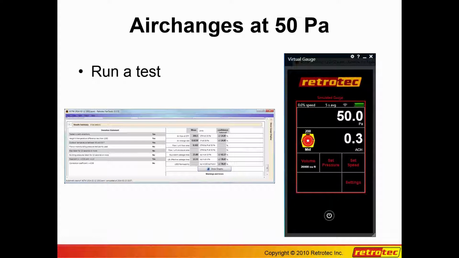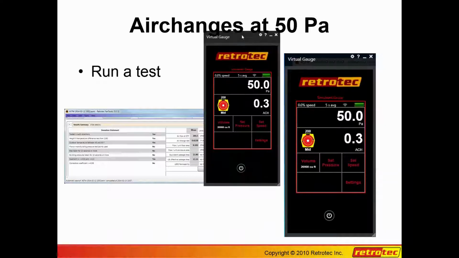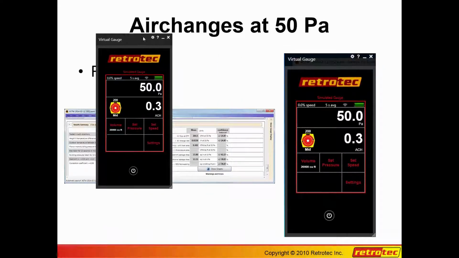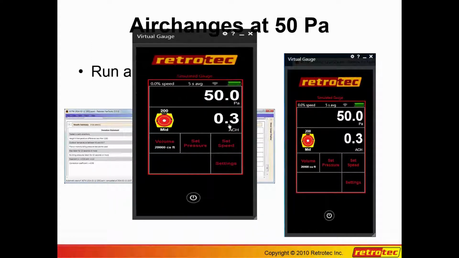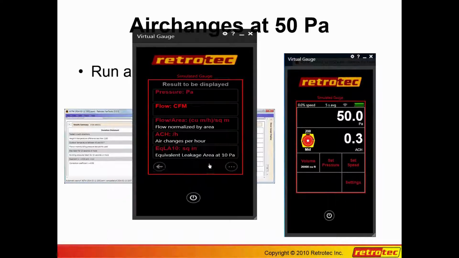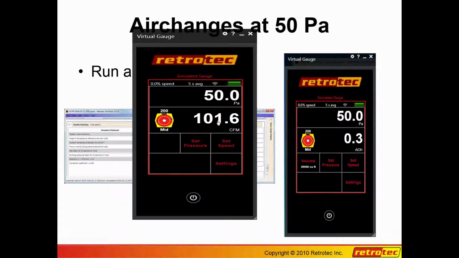This gauge is cool because it has a feature on there that allows you to put in the volume, and when you put in the volume, I just drag it over here. There we go. This is actually a virtual gauge, which simulates a real gauge and works in the same fashion. So in this case, we can change CFM to air changes.